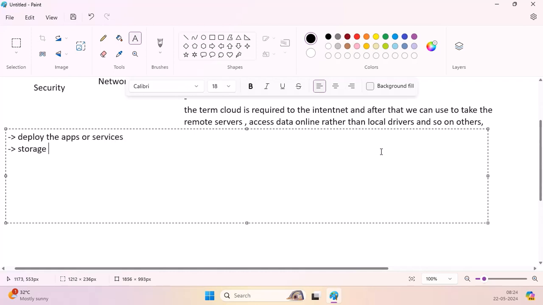Number two, storage, backup and recovery of data, hosting blogs, delivery of software on demand. And then another use case is streaming media.